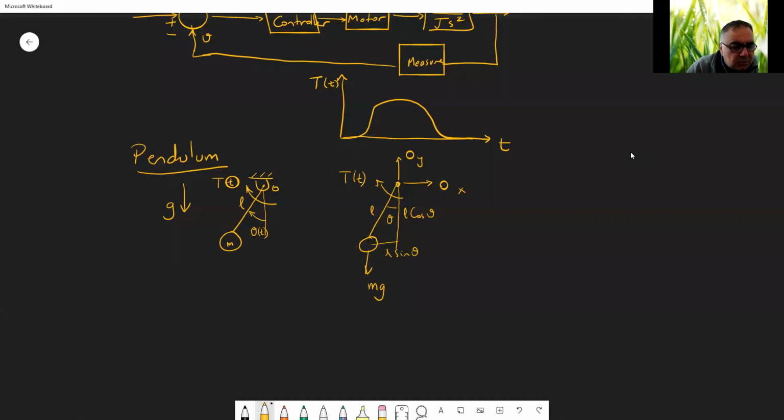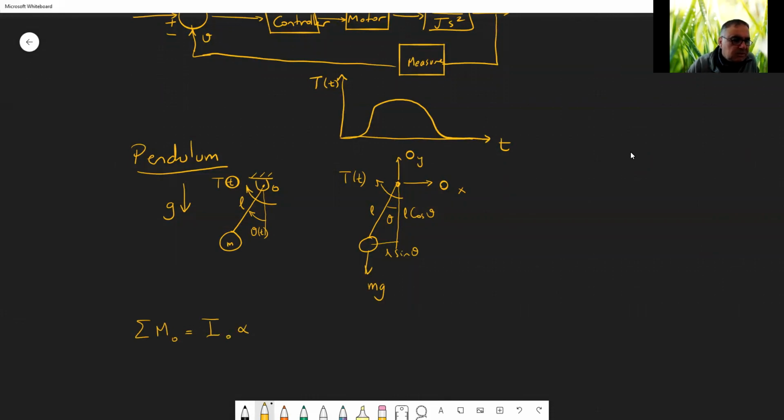Basically, we are going to write a moment equation, and that would be enough. You can just write the summation of moments about point O is equal to I_O times alpha, alpha being the angular acceleration.